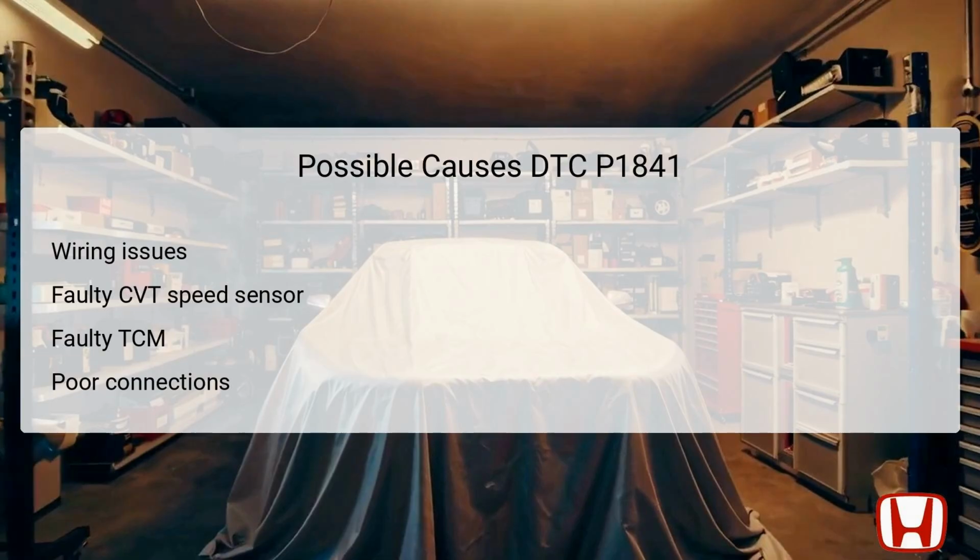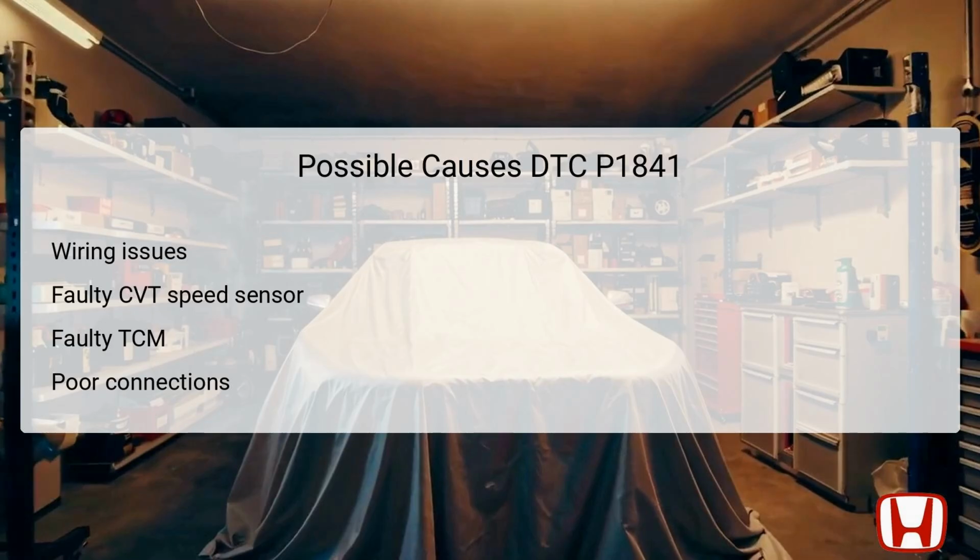A wiring issue could exist if there are damaged or corroded wiring connections leading to the CVT speed sensor, affecting the integrity of the data being sent to the TCM. Another potential cause could be a faulty CVT speed sensor itself. Wear and tear or internal failures could prevent accurate readings. If the TCM has failed or is malfunctioning, it may not process the signals correctly, leading to this DTC being triggered.